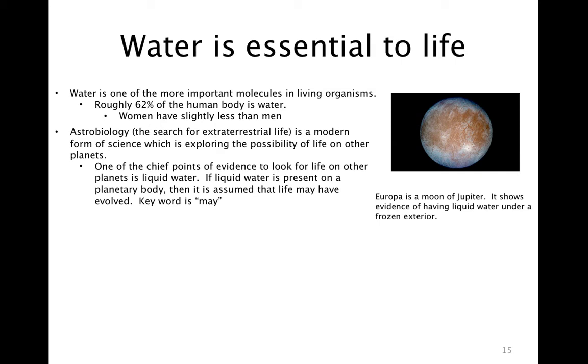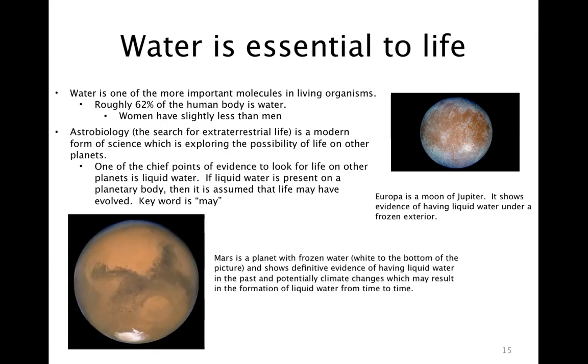And as this moon goes around Jupiter, Jupiter is such a massive planet that it creates friction within the center of Europa due to gravity. This friction warms it up, which makes liquid water in the internal portion of Europa's ice. And there's a thought that there could be life inside of it, but it's impossible to tell.